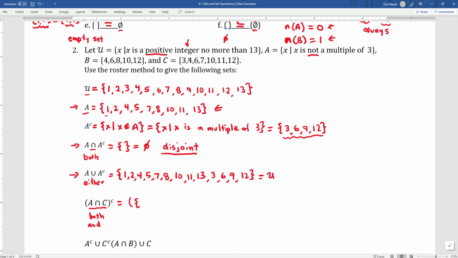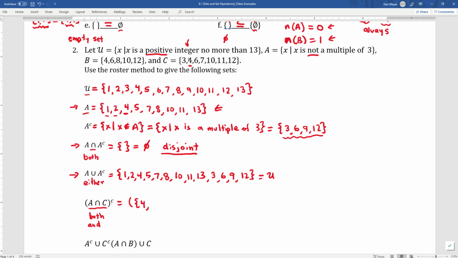So the element 1 is an element of A, but it's not in C. So it's not in the intersection. The element 2 is in A, but it's not in C, so it's not going to be in the intersection. The element 4 is in A. It is also in C. So the element 4 is in both of those sets, so it's going to be in the intersection.